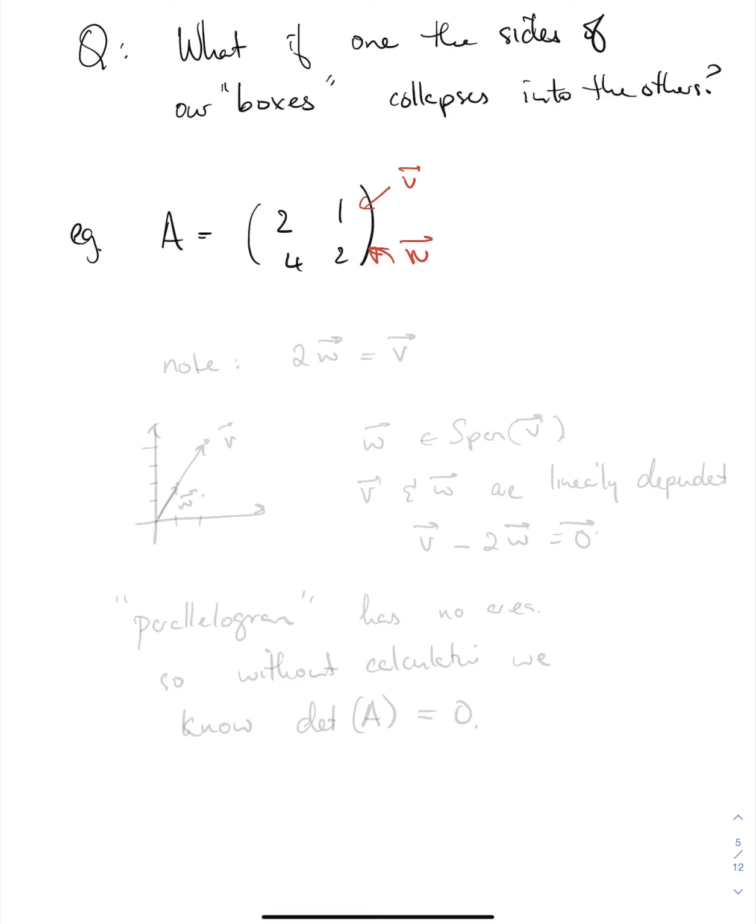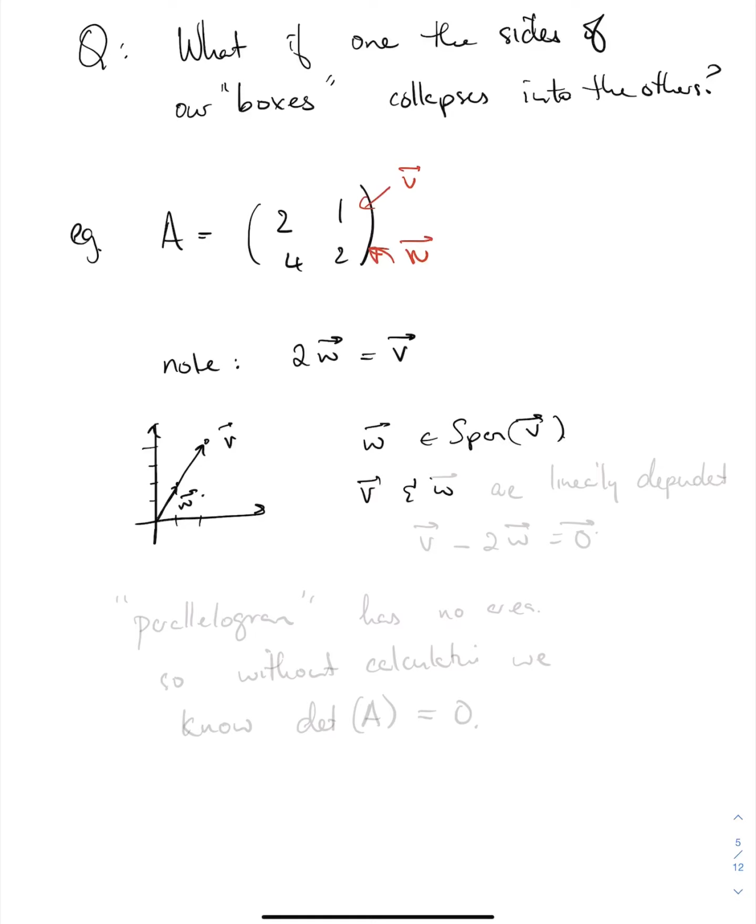Here's what you might notice. 2 times the vector W is equal to the vector V, which means that if we were to sketch this really quickly, if this is V, then W is here. W is in the span of V.